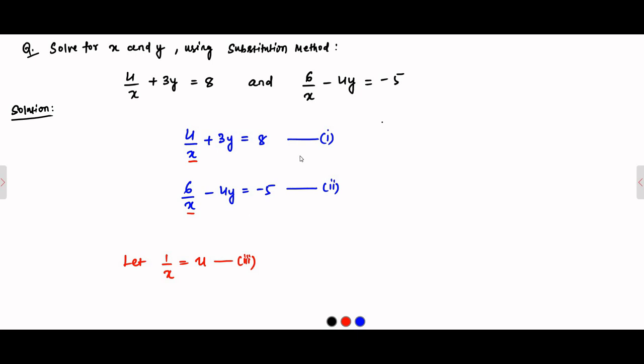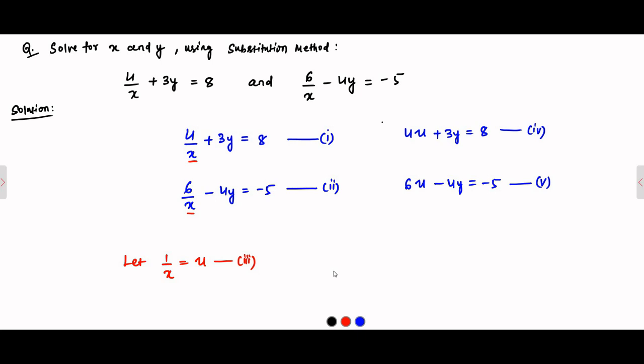So when we put 3 in equation 1 and 2, we will have 4u plus 3y is equal to 8, because 1 by x is equal to u, so 4 by x is 4u. 4u plus 3y is equal to 8. Let's call it equation 4. And 6u minus 4y is equal to minus 5. Let's call it equation 5.